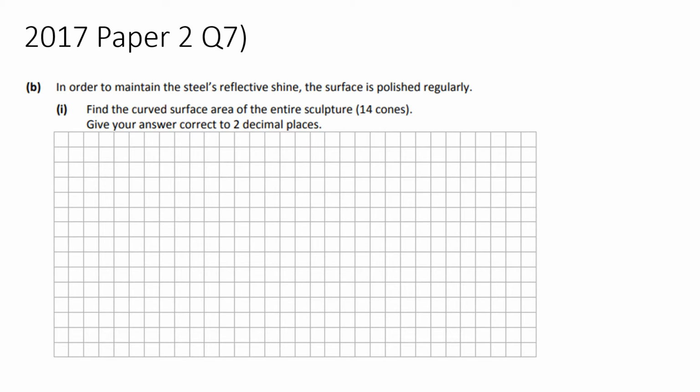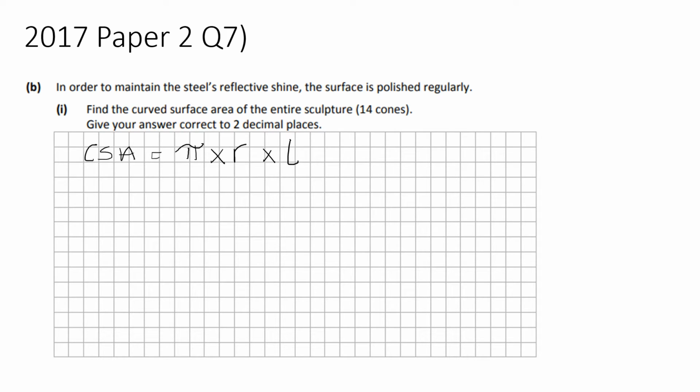For part B, in order to maintain the steel's reflective shine, the surface is polished regularly. So find the curved surface area of the entire sculpture. Remember, there's 14 cones. Give your answer correct to 2 decimal places. The curved surface area in your formula tables is pi times the radius times the slant height.